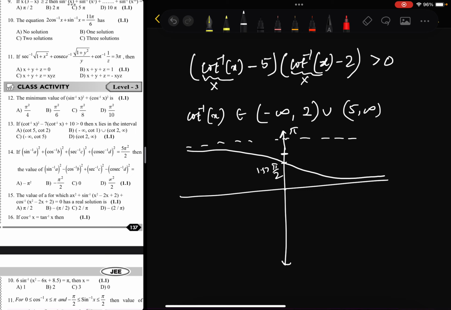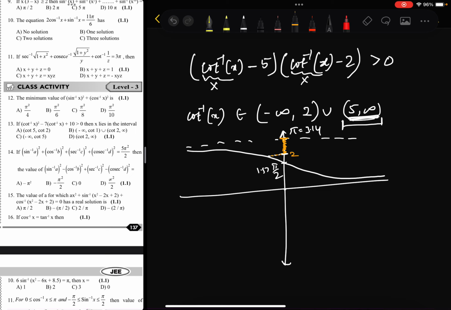But cot inverse x will never give 5 to infinity, because the maximum value is pi, that is 3.14. So this is not possible. Only this part of the graph is possible, so the value of cot inverse x will lie between 0 and 2.